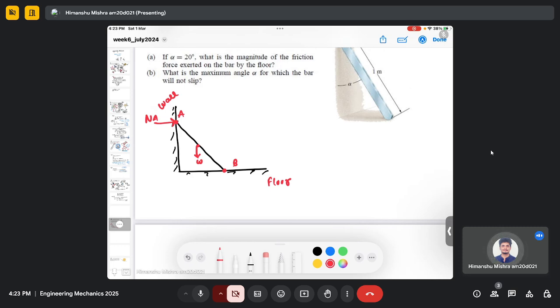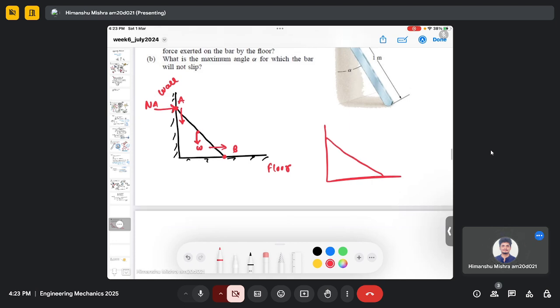And there is a friction force acting at point B. Now you can imagine that if this ladder slips, this part of the ladder will slip in the downward direction, and this part will go in the right direction. This is my ladder position. It will slip like this. So basically this part is moving downward and this part is moving to the right.